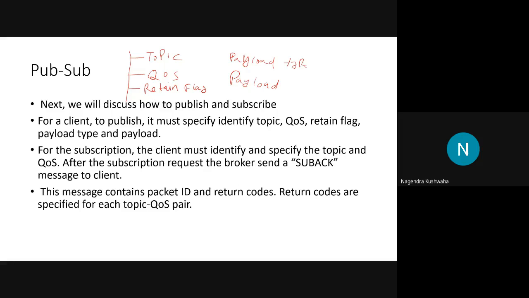Now we'll talk about the subscription. For a subscription, the client identifies which topic and what quality of service it wants to subscribe to. So for the subscription, it must identify the topic as well as the quality of service.